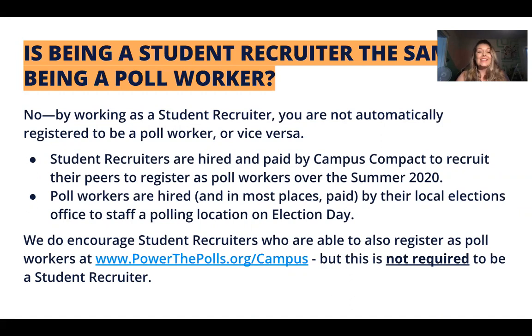But this is not a requirement to be a student recruiter. And if you are hired and brought on to be a student recruiter, it doesn't necessarily mean that you are eligible or will be hired to serve as a poll worker or vice versa. So those are two distinct roles, both very, very important, but wanted to make sure to cover the difference.